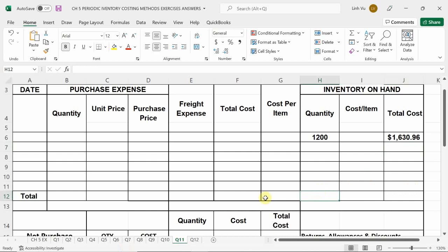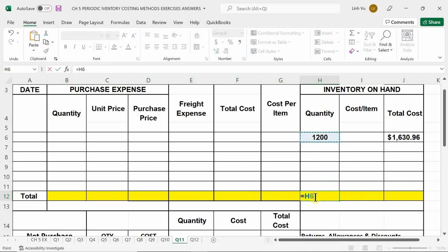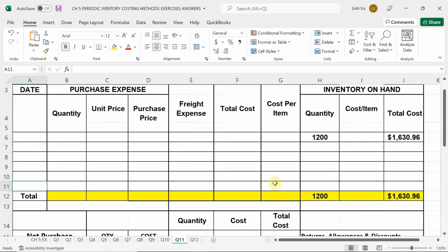So once again, that will bring my total here to be the same number, right? Because this is average now. We don't care which batches came first or which batch came last. We just care about the overall total number of units. Okay.